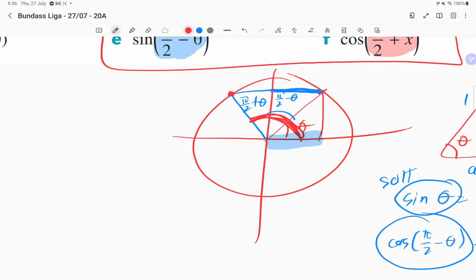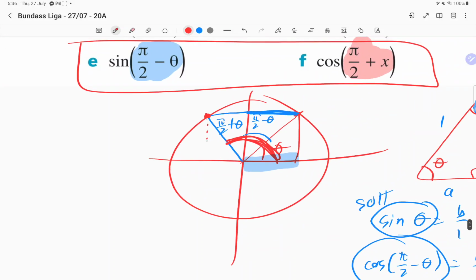It's not pi minus theta, but pi over 2 plus theta. So the symmetry says that the cos value of this one is the same as sine of theta, but the negative version. So this is the same as negative sine of x. Can you see it?